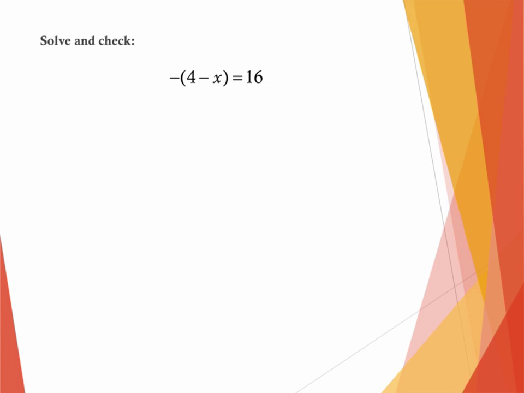Let's look at this next example. We have negative 4 minus x is equal to 16. There are a couple ways that you can actually start this problem, but the way that we're probably most familiar with is distributing the negative sign. Remember, that's just like multiplying by negative 1. So I have negative 4 minus a negative x, which gives me a plus x, because I know negative 1 times negative 1 is a positive 1.